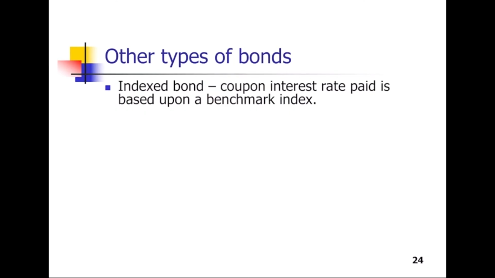For the index bond, the coupon interest rate paid is based on a benchmark index. The benchmark index usually used is the inflation rate. So the coupon rate can be calculated as some fixed number plus the benchmark index.